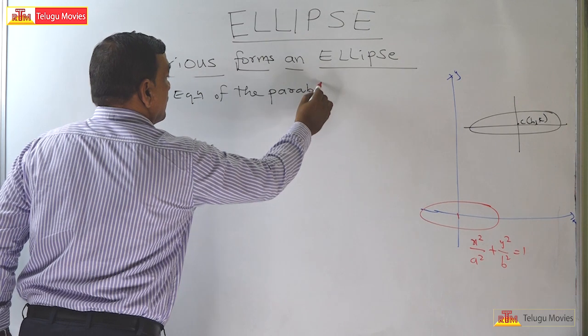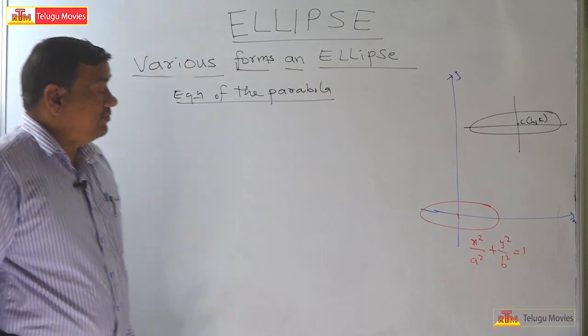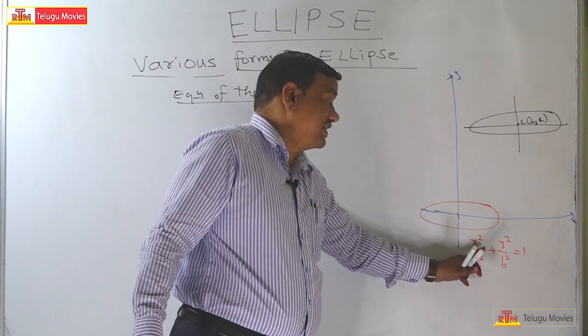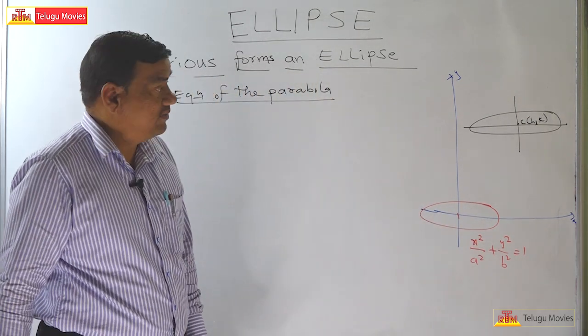Okay, now see here, the original equation is x square by a square plus y square by b square is equal to 1.